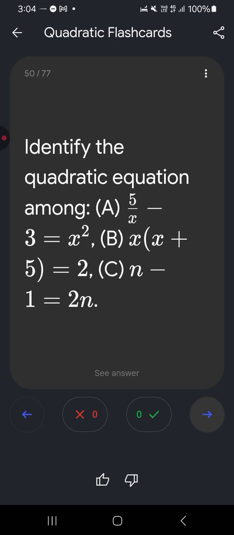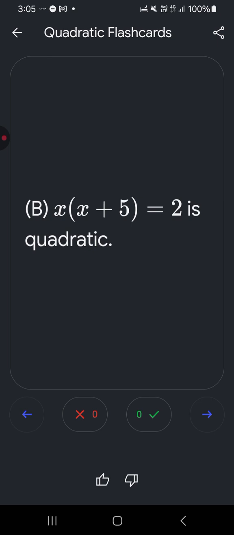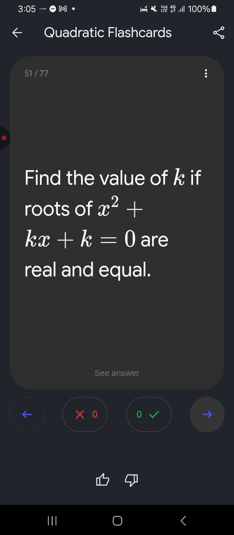Identify the quadratic equation among a: 5 upon x minus 3 is equal to x square, b: x into bracket x plus 5 is equal to 2, and c: n minus 1 is equal to 2n. b, x into x plus 5 is equal to 2, is quadratic. Find the value of k if roots of x square plus kx plus k is equal to 0 are real and equal.